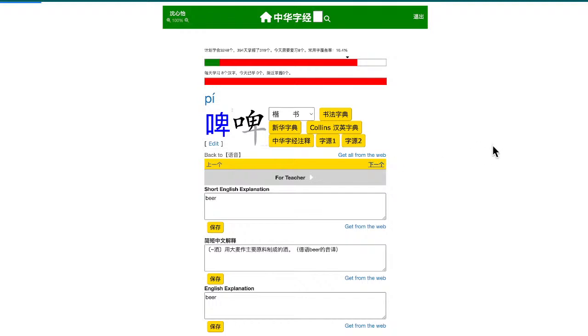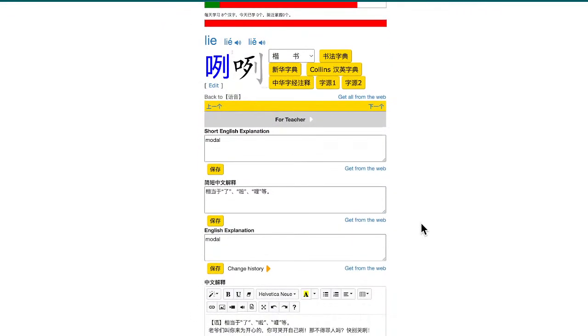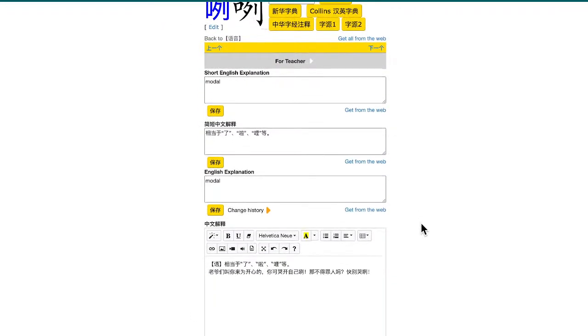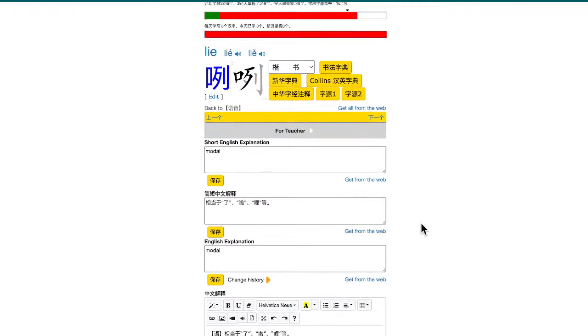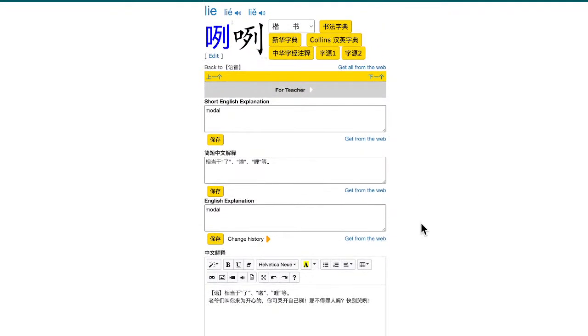So next one, 咧. This is another interjection or modal particle that is put at the end of a sentence or phrase to dress up emotions.